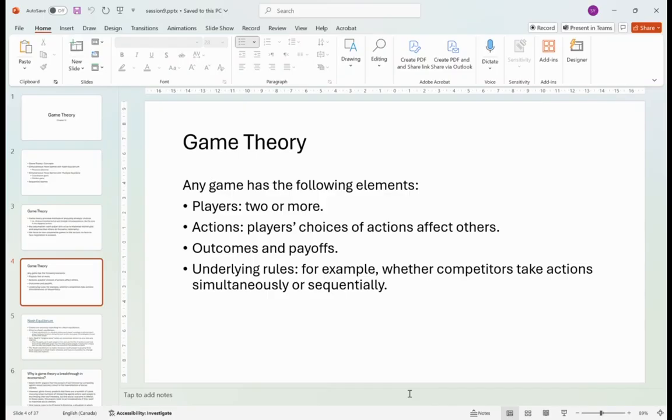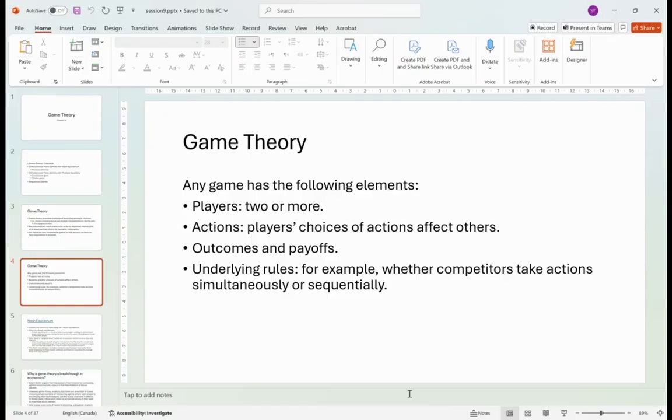So the general elements we need to design and analyze a game are, first of all, at least two players, right? We're going to have two players or more. And then, in terms of action, we are assuming that a player's choice of action affects the others. So there is no independence across the players' choices. In that case, the game theory that we are going to discuss today is not going to work.